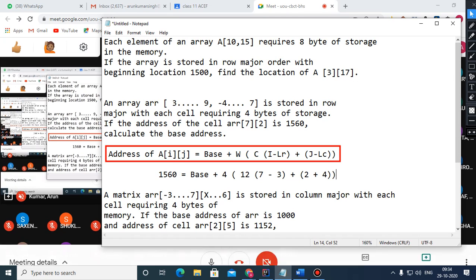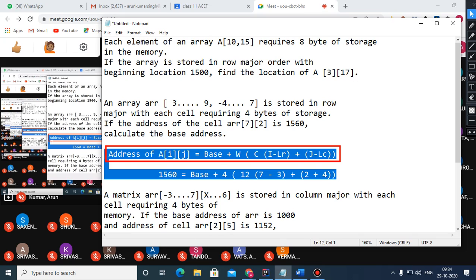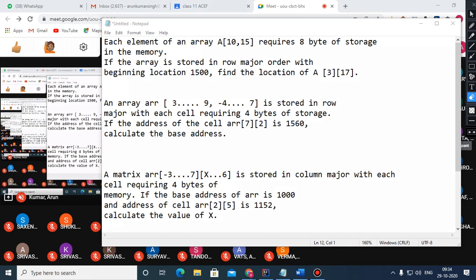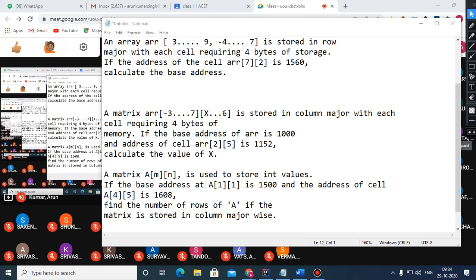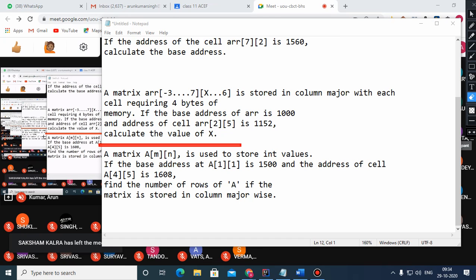Okay, now we will move on to the next question. Children, see this one first, the last question here. It is a little bit difficult.